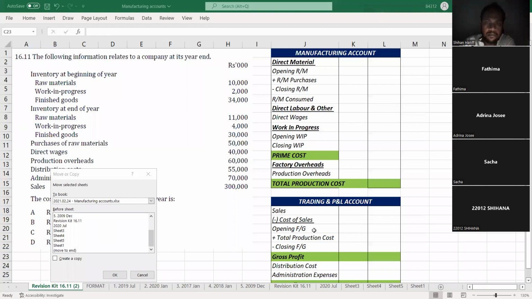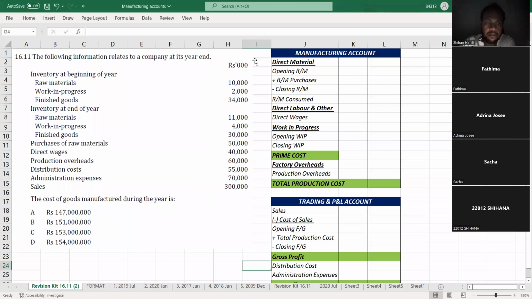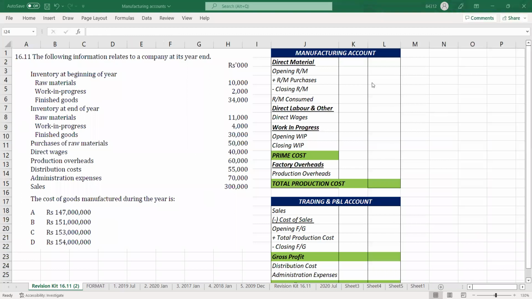This question. Right. So I'll give 5 minutes. Just try this question.